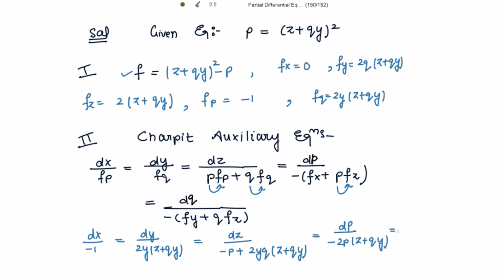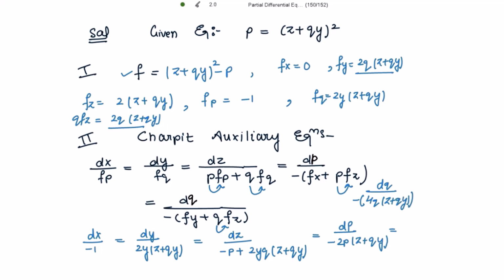And then dq divided by minus of fy, that is this, plus q multiplied with fz. If q is multiplied with fz, we get twice q(z plus qy). So when adding these two, we get 4q(z plus qy).